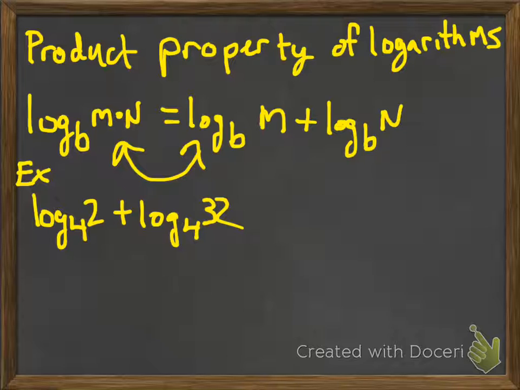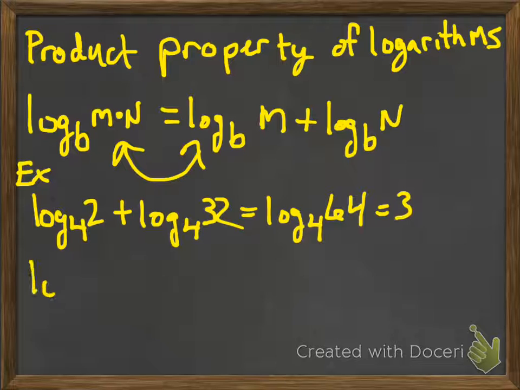So the idea there is, well, let's multiply them. 2 times 32 is 64. So log base 4 of 64 is the same thing as log base 4 of 2 plus log base 4 of 32. And that one we do have. The 64 is 4 to the third power, so log base 4 of 64 is equal to 3. So very simple, you can do something like that.